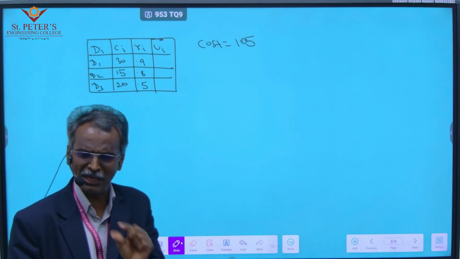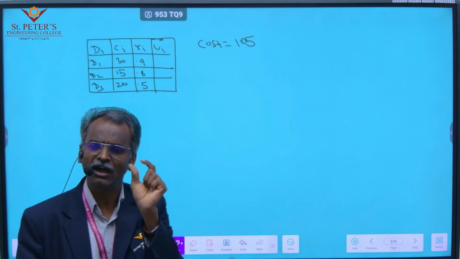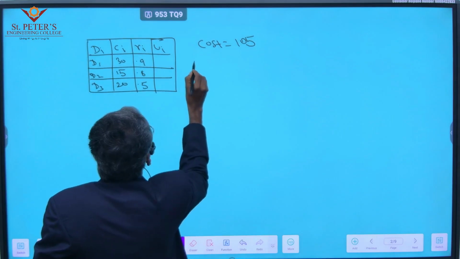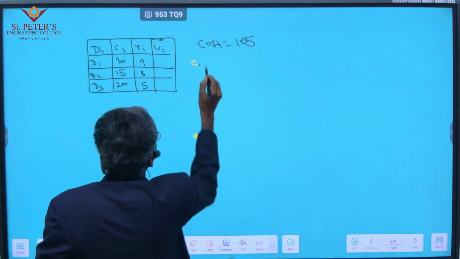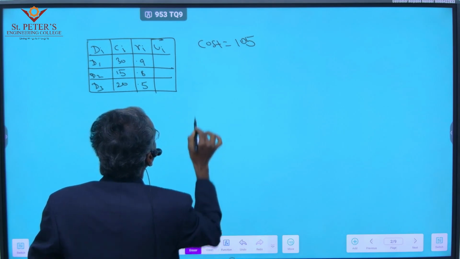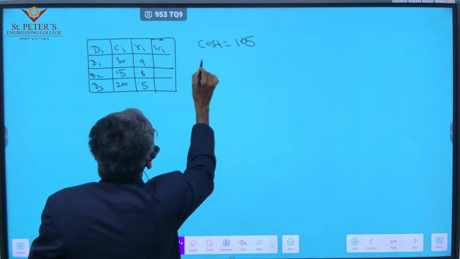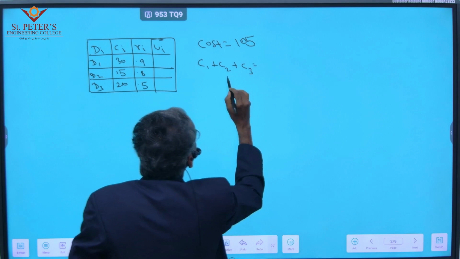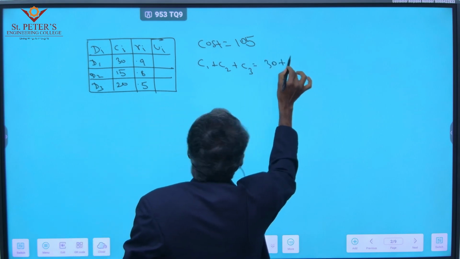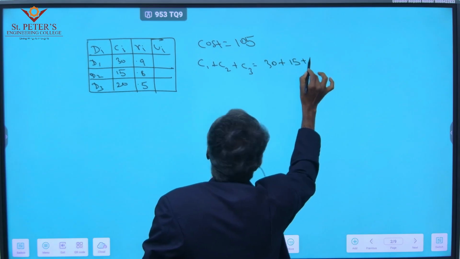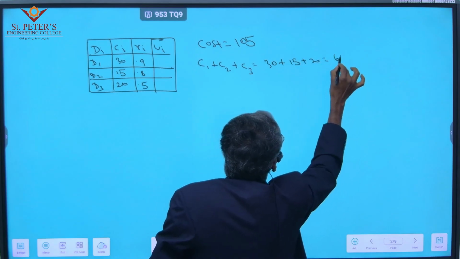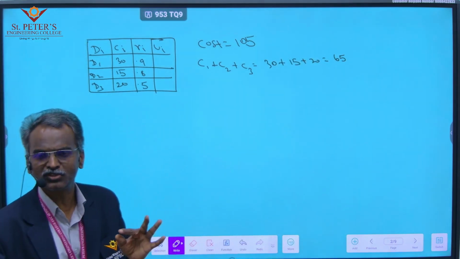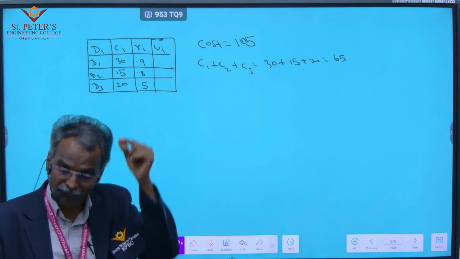For example, C1 plus C2 plus C3 is 30 plus 15 plus 20, which comes to $65. Minimum I should spend $65 to run the system in the beginning.